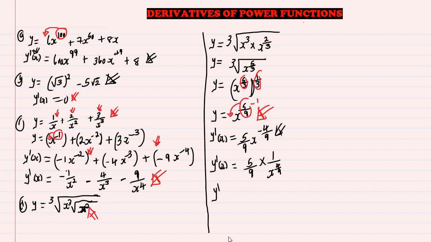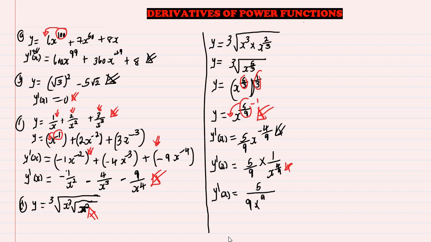So this is y prime of s is equal to, now guys, this is going to be 5 over 9 multiplied by, now guys, s raised to the power of 4 over 9, this is basically the 9th root of s raised to the power of 4. Okay?